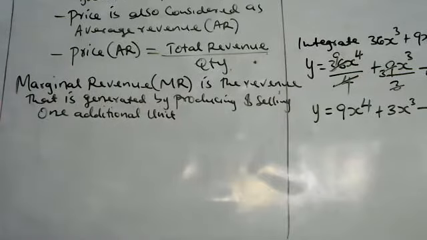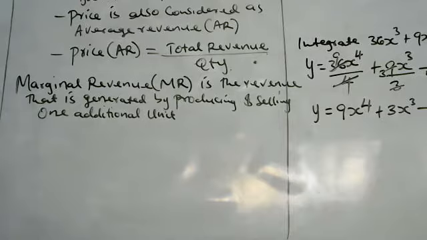The marginal revenue is the revenue the business is going to get as a result of producing and selling one additional unit. If, for example, I was selling 100 units and earning a revenue of 10,000, I produce and sell one more, and maybe I get 10,090.